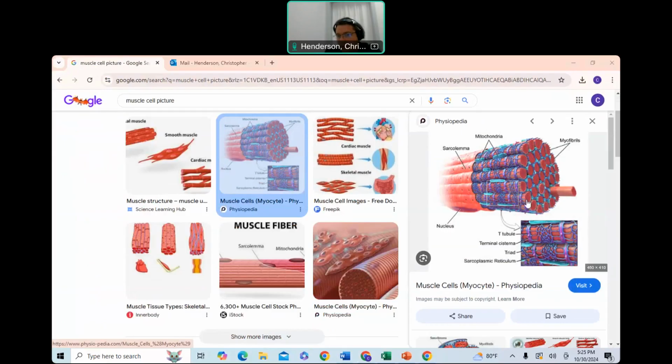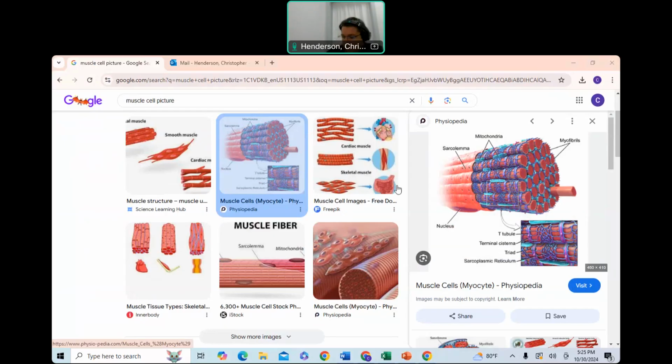Look inside. All of these tubes in here are myofibrils. These are what is going to shorten it. You see the mitochondria. Down here, you see the sarcoplasmic reticulum that's going to have the calcium stored in it. Now, you see here, you have these T tubules. These T tubules are invaginations of the sarcolemma that go deep inside. We'll see why those are important in a minute.